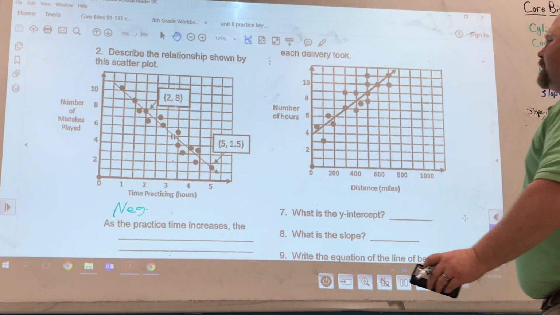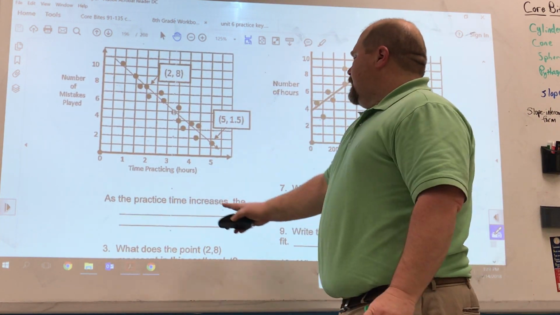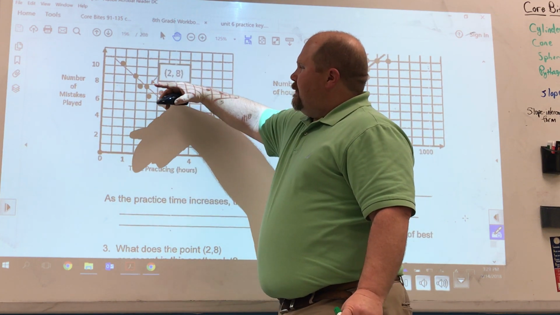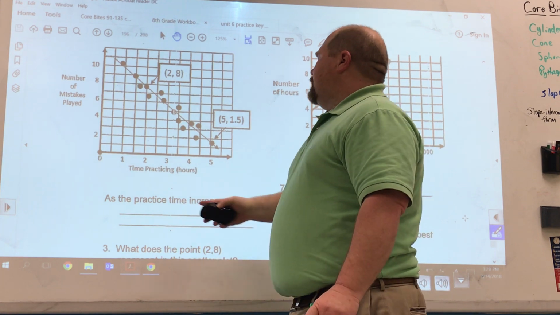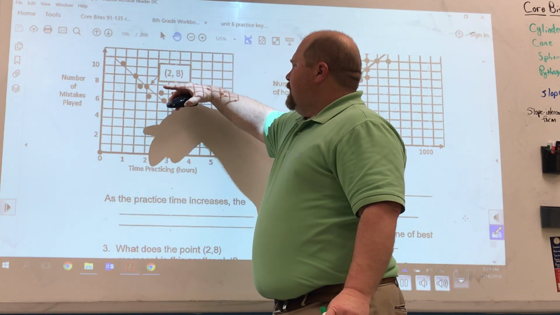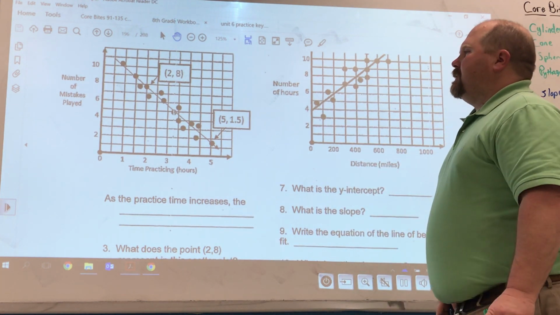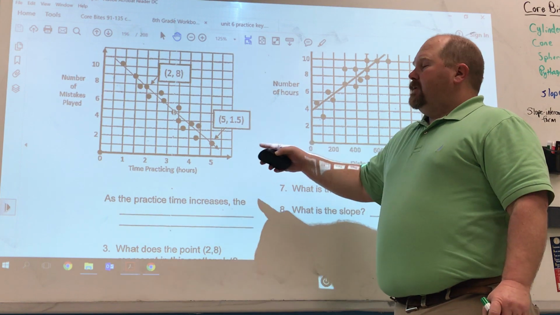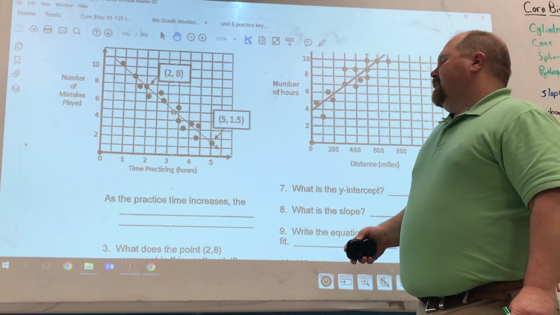So it wants us to finish that sentence. So I'm going to scroll up a little. So as the practice time increases, what do we see happening to the y value, which is the number of mistakes played? The mistakes come down. So we would list this as: as the practice time increases, the number of mistakes decrease. Negative, they're doing opposite. One of them has an increase, one of them has a decrease in a negative relationship.